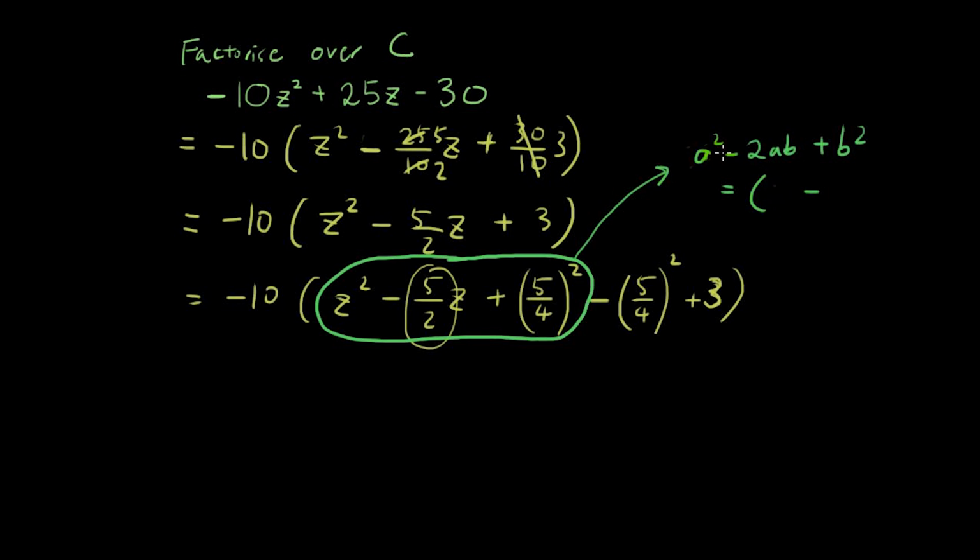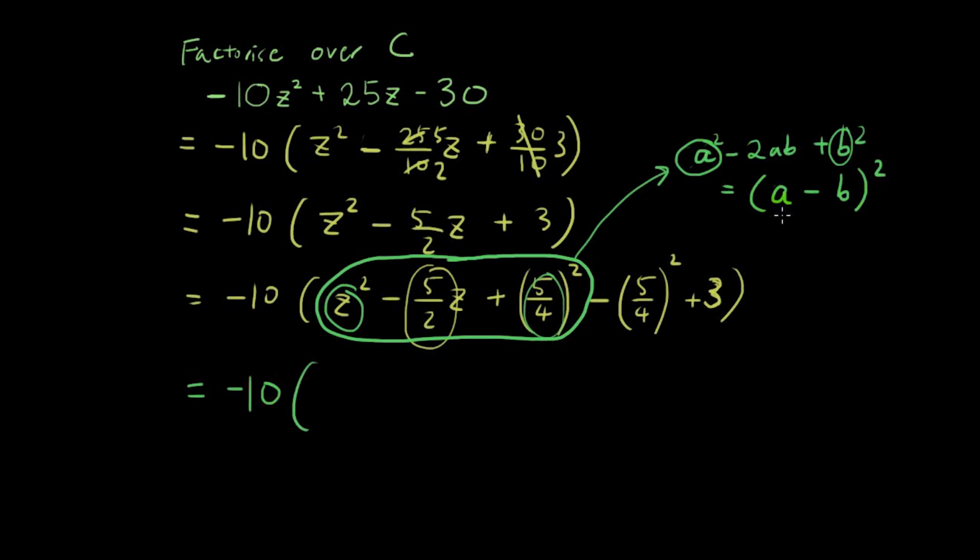You can see that a in this case is z, b in this case is 5 over 4, and 2ab in this case is 5 over 2z. So it does work. So now let's turn that into a minus b.